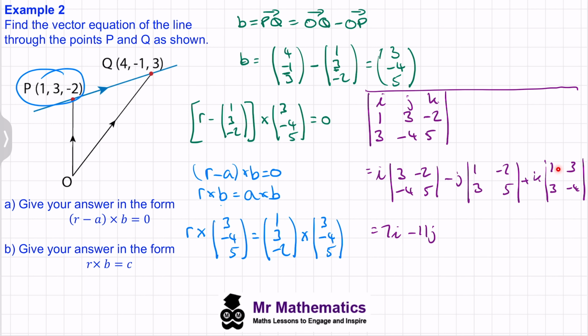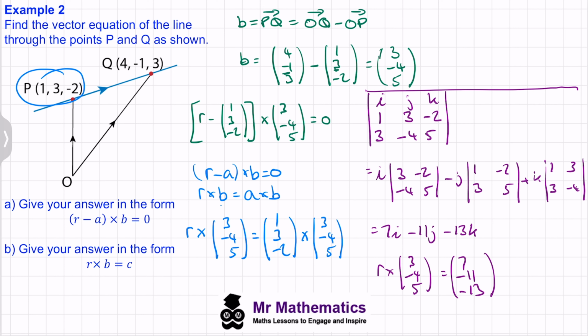And then the negative 4 minus the 9, which gives us negative 13k. Now we can substitute this back into here, and we get r crossed with 3, minus 4 and 5 equals 7, negative 11 and negative 13.